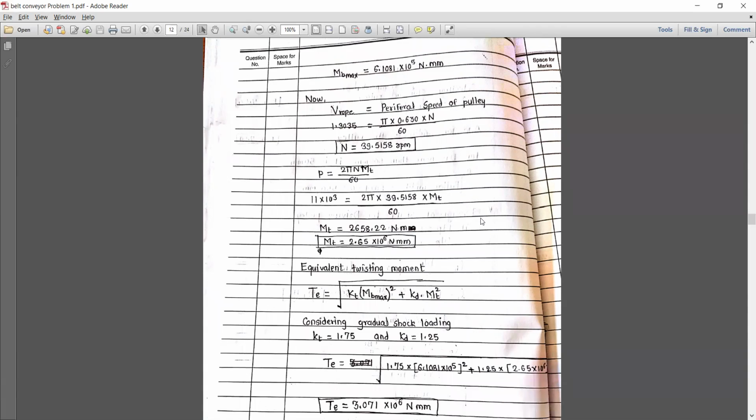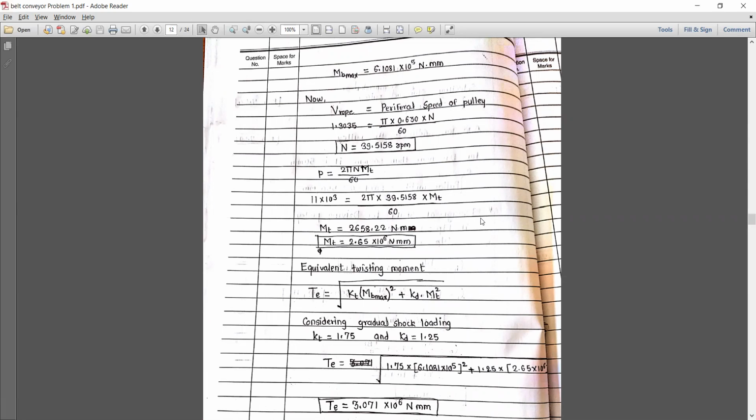Now we have to calculate the peripheral velocity. To calculate the power we need a speed. To calculate the exact speed, we can use the actual velocity we calculated at the initial stage. So the actual velocity 1.3035 is equal to pi D N by 60.